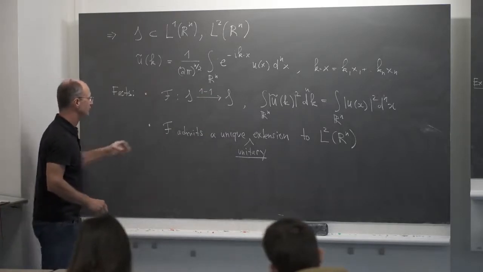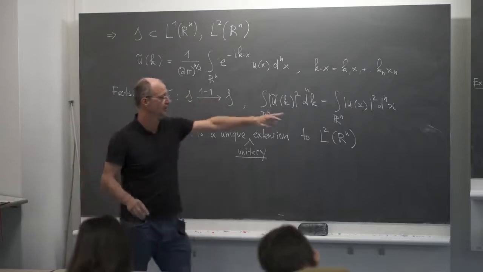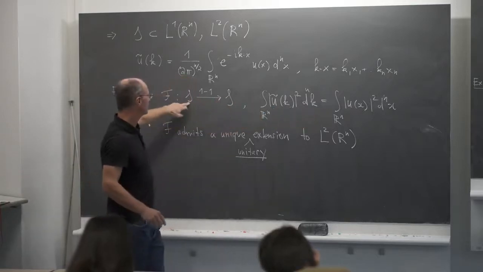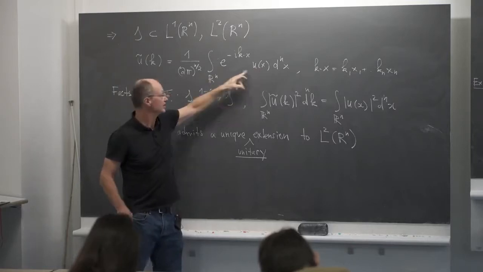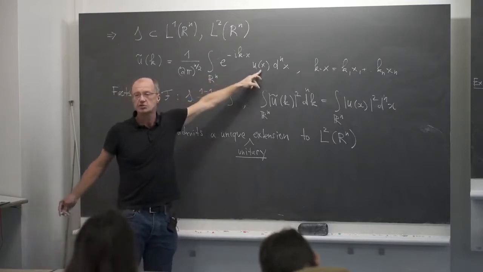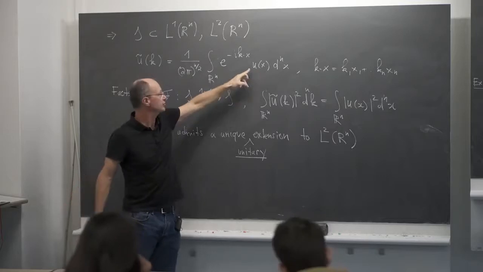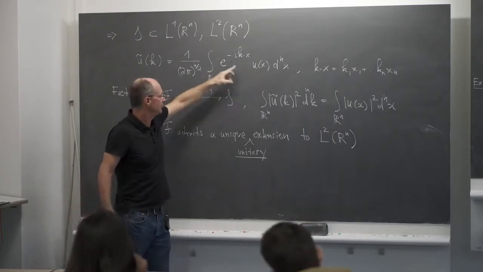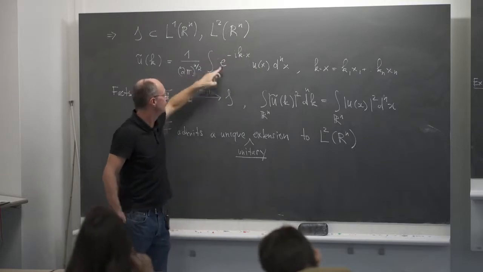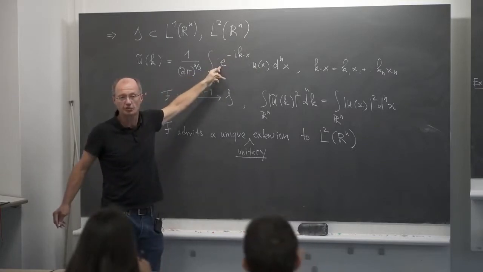So maybe just one word, why do we have to talk about S? That's because a priori for an element of L2, this expression does not make sense, right? If you say U is in L2, then this thing would make sense if this guy were also in L2.